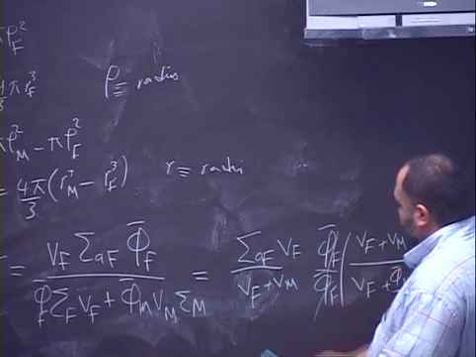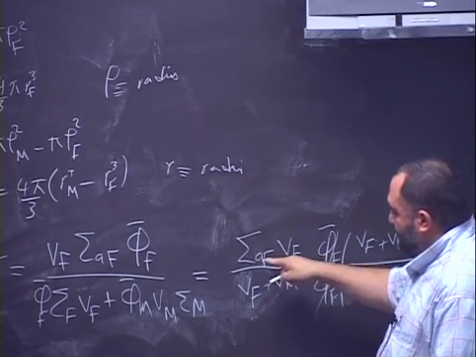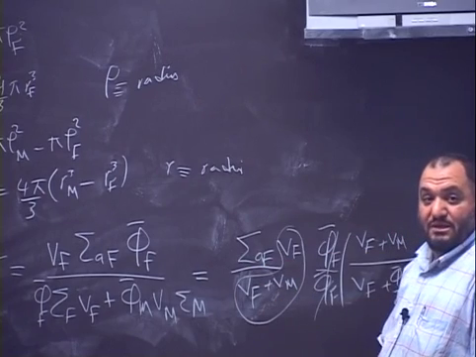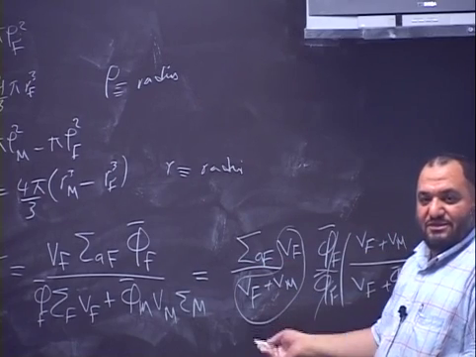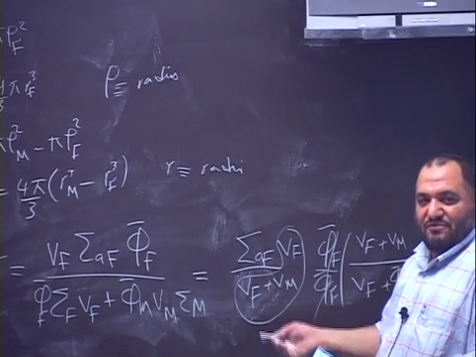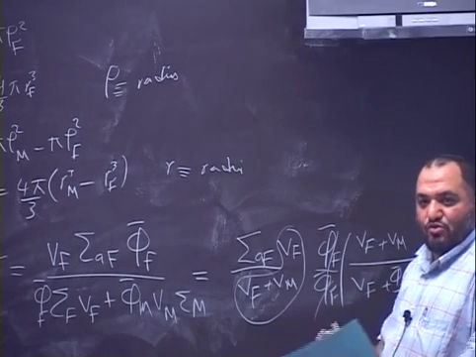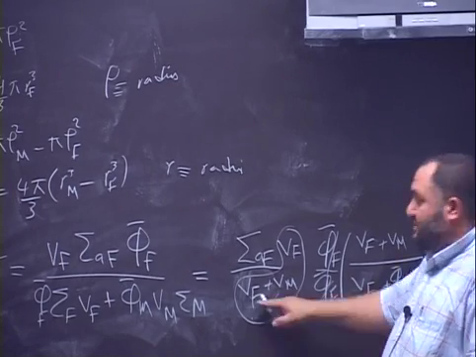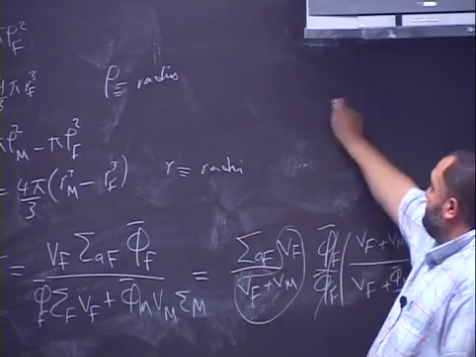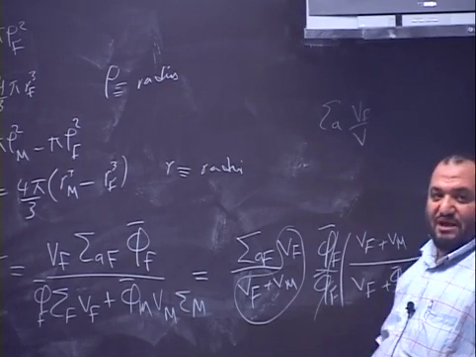So this will cancel with this. And what's this? Sigma absorption in the fuel multiplied by the volume fraction of the fuel. This is just averaging based on the fact that the fuel occupies a certain volume. There is nothing that includes the self-shielding. This is what I told you from the early beginning: I can multiply the sigma absorption by the volume fraction, V fuel over volume, and this is the averaging technique.